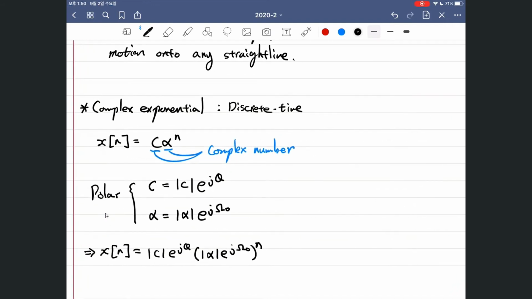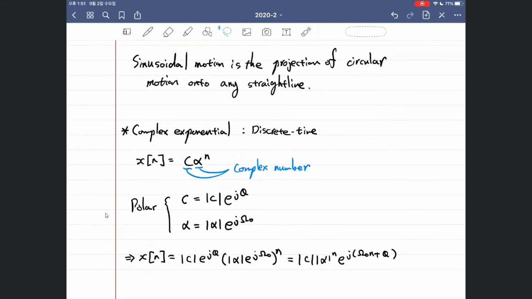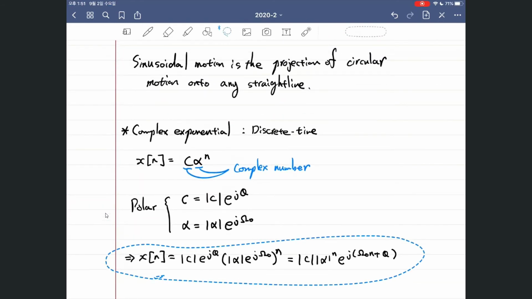And if we sort this equation by the magnitude and the exponential term, then this would become like this. If we sort by j, then omega 0 n plus theta will be the one in the parentheses. And since I don't have any space, I will copy this to the next page.